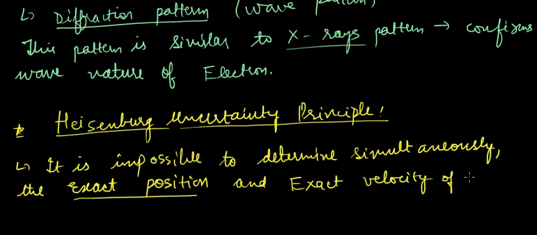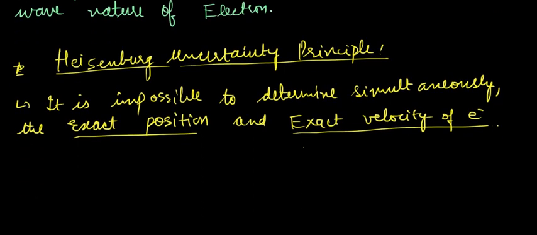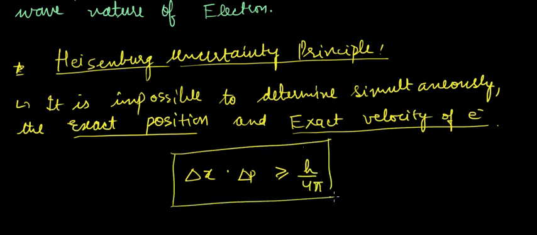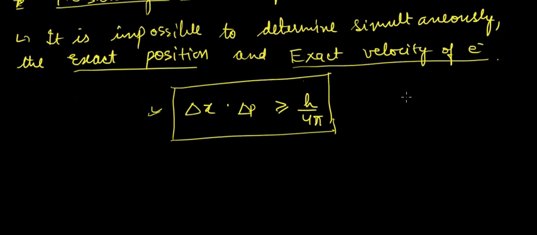We are just using the value that delta x into delta p should be greater than or equal to h upon 4 pi. This is experimentally determined, and we will not go into the derivation as it is out of the scope of our JEE syllabus, but you can just remember it.